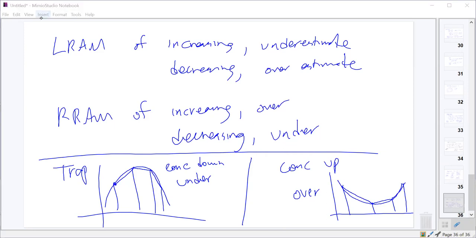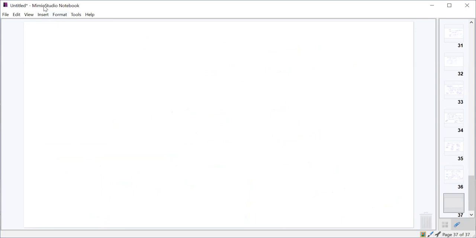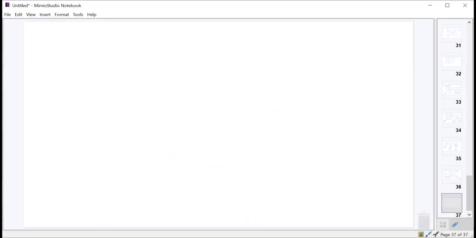All right. If you have equal subintervals for your trapezoidal rule, you should just be able to go ahead and use the formula.